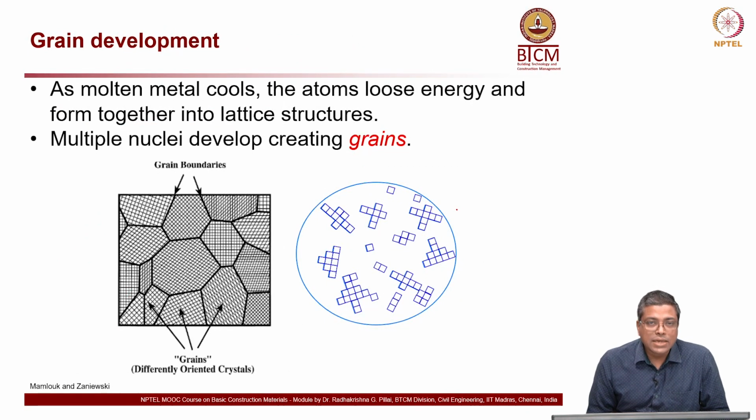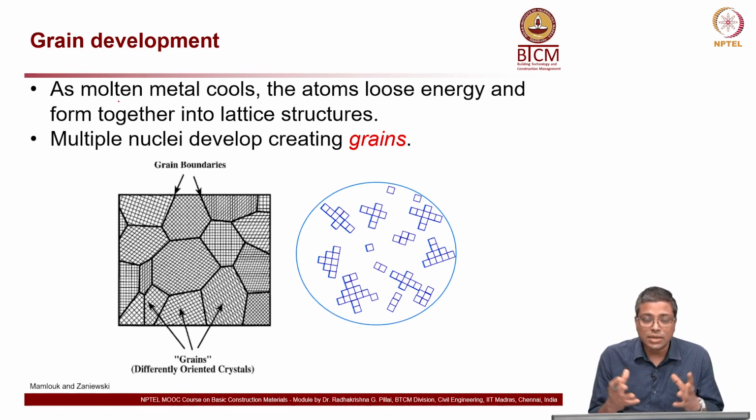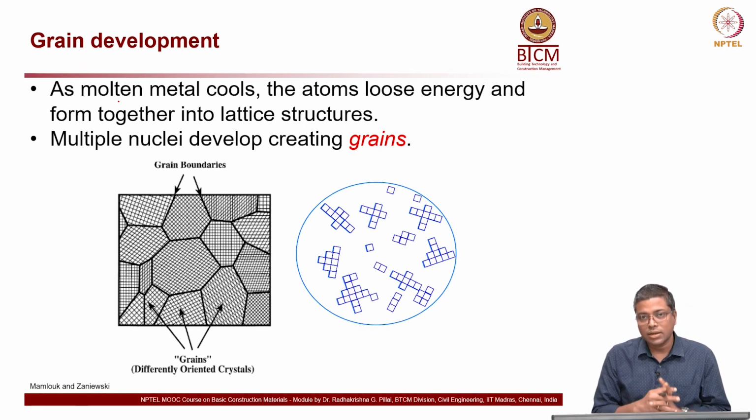Now, how are these grains formed when we make metals? These are typically the nature of metals. So, how do we make metal? We take raw material, we melt it and then cool it, and the cooling is done in different ways; the rate of cooling could be different.